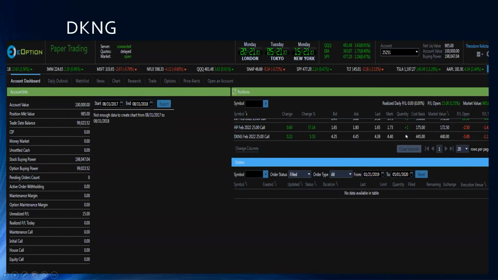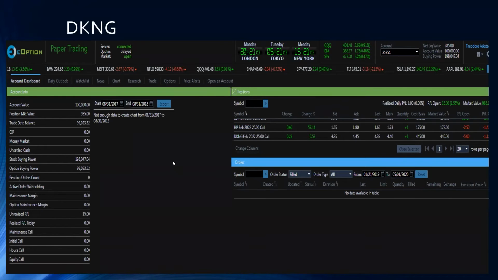Once again, it shows you your quantity, your cost basis as well, the market value. And speaking of market value, it shows up in your position market value. So $985 with an unrealized P&L of $15 at the time of this slide. So that means that the true market value of the position was $970.